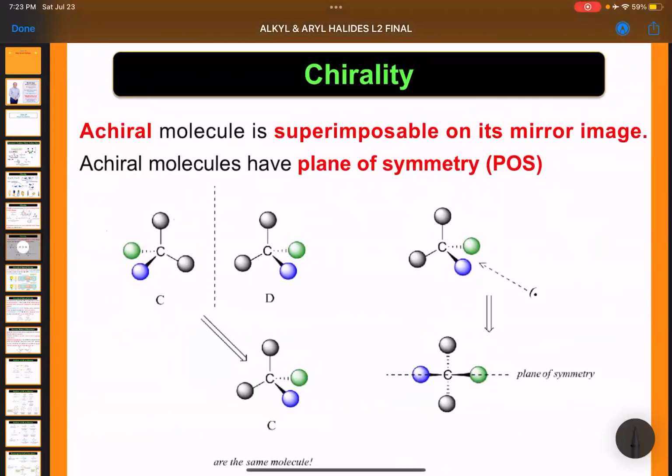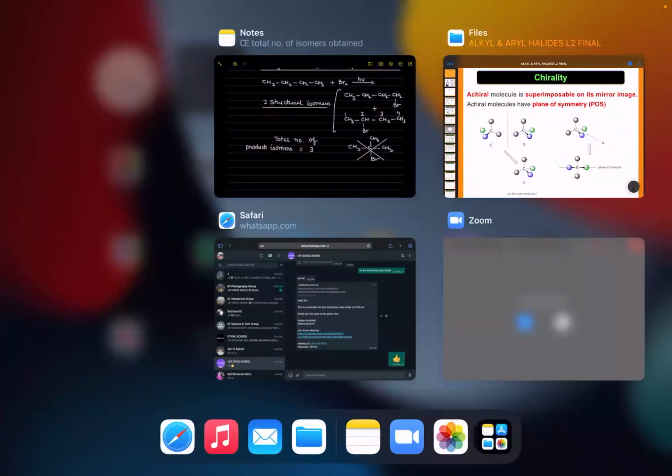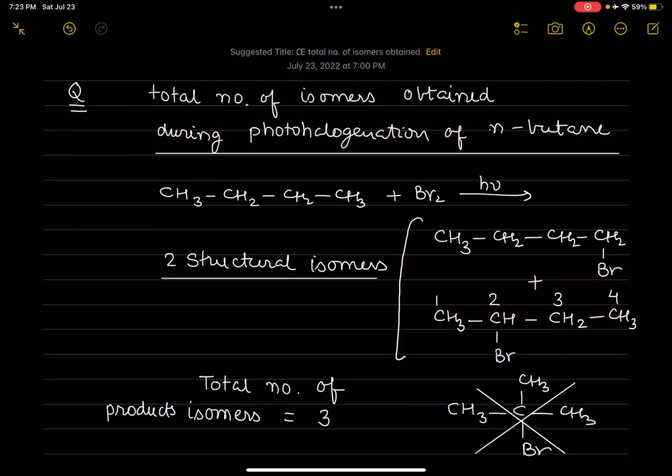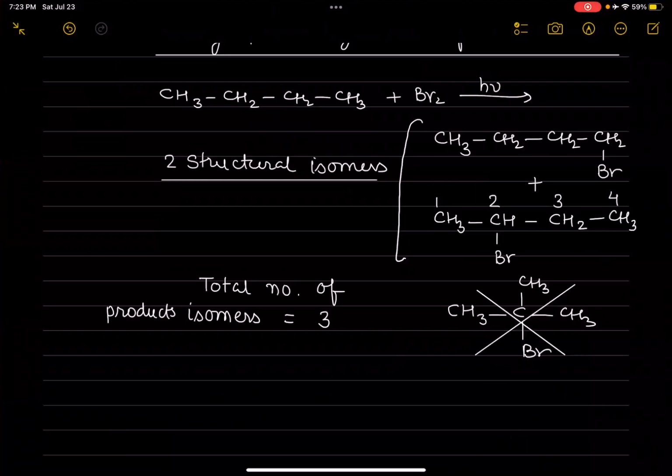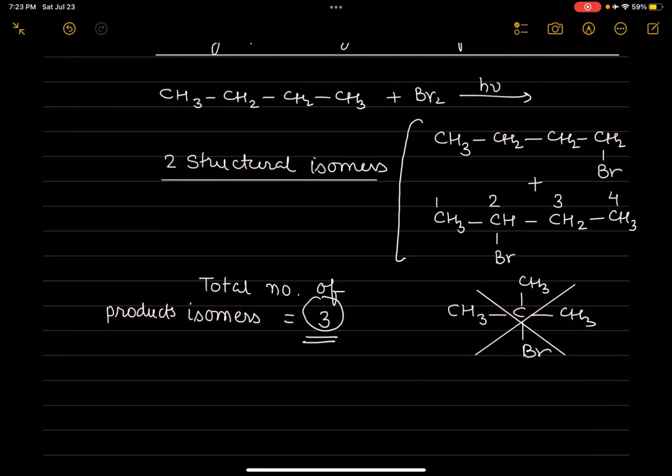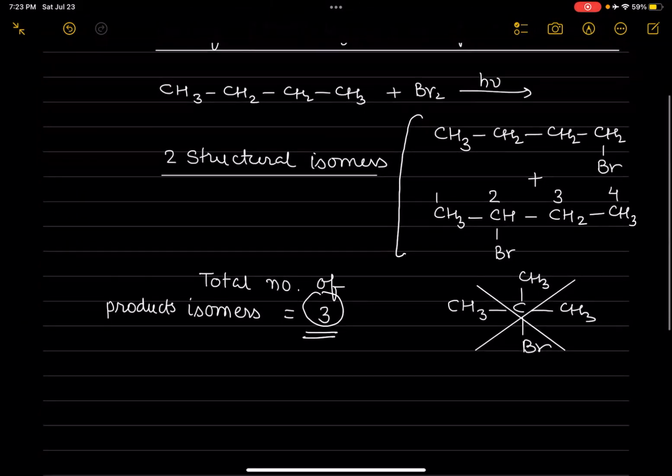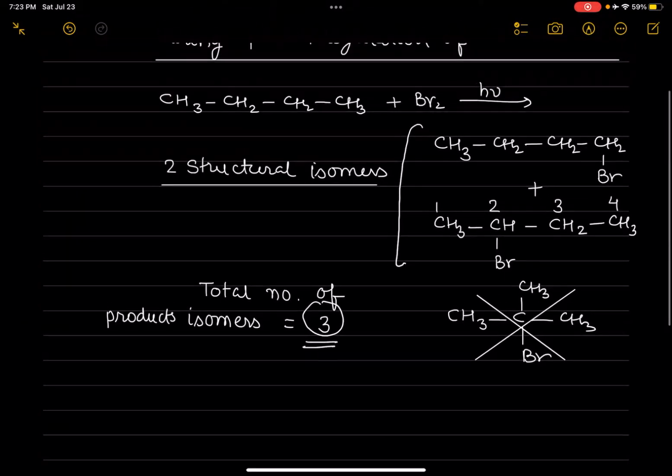Okay, we talked about 1-bromobutane. So total how many isomers? 3 isomers. Okay. Yes, you understood how 3? Sir, enantiomers are the synonyms of chirality, right? Enantiomers are, actually, the chiral molecule and its mirror image.